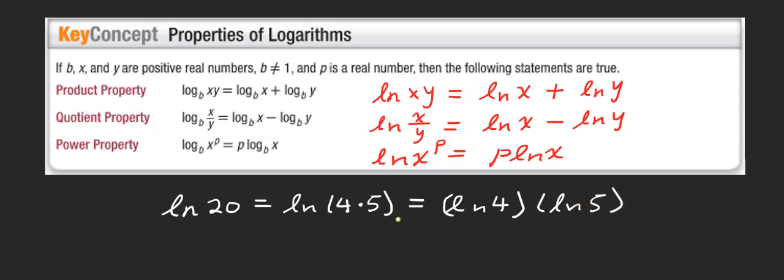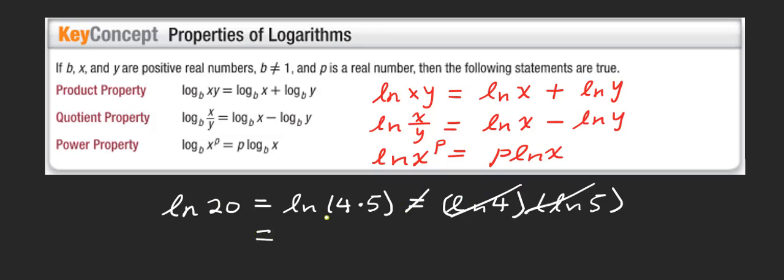And this is not true. This is false. You could try it out with your calculator. Figure out what natural log of 20 is with a calculator, and use your calculator to multiply natural log of 4 times natural log of 5. You will notice that these two are not the same. So this is not true.